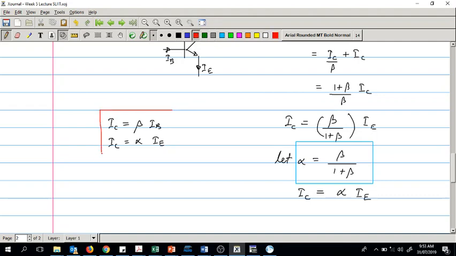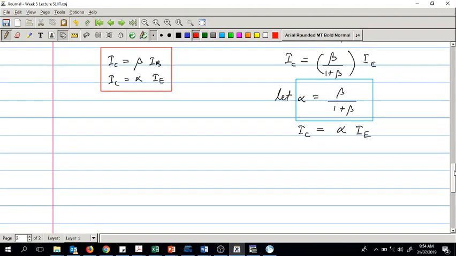Two relationships, both having IC as the main value. Later on you will realize why you need these equations in place. Let's look at that later on. Write things in the right places.